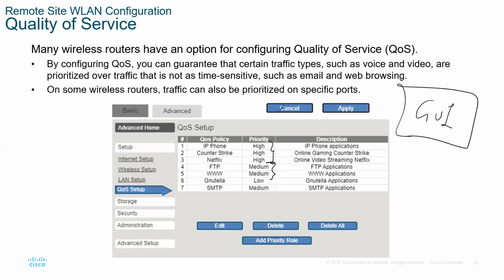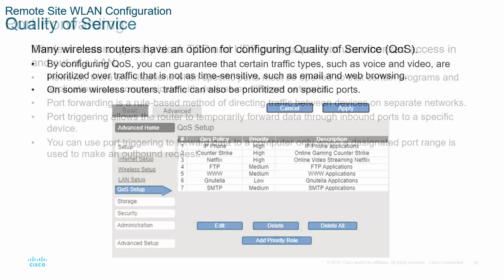I think website traffic is being prioritized over other traffic. So our wireless router is capable of having settings that configure prioritizing traffic over other types of traffic. And this is how you do it.